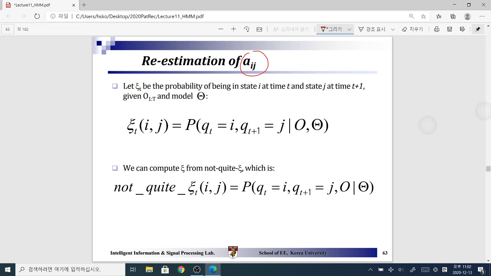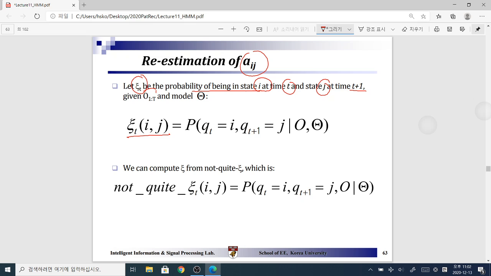So to begin with, what I want to do is to define, once again, psi sub t, which is the probability of being in state i at time t and state j at time t plus 1, given the entire observation sequence as well as the model.